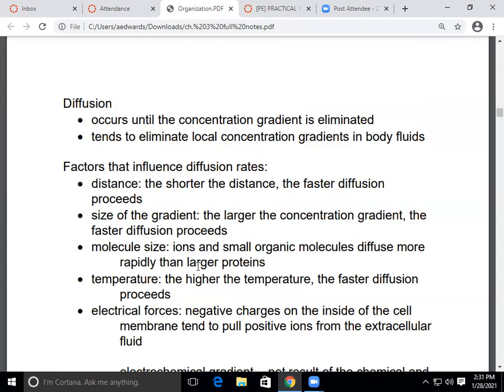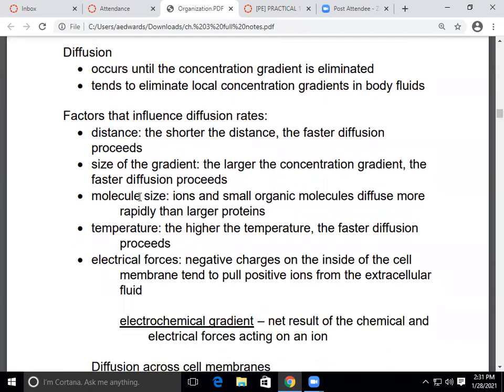All right, so I know one of the questions on that review was factors that influence diffusion rates. So this could show up as, what are three factors that influence diffusion rates? So again, the more you remember, the more likely you are to get it right.